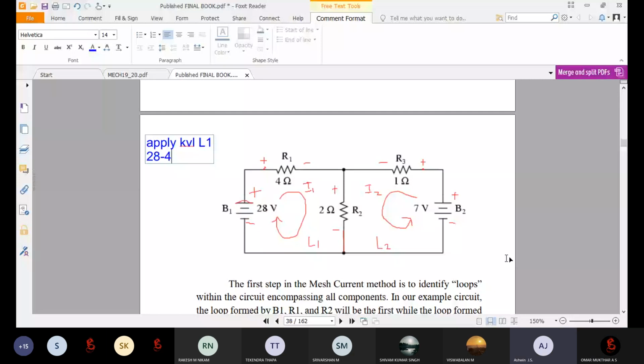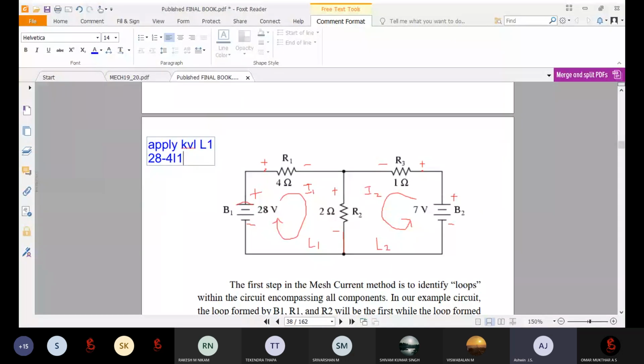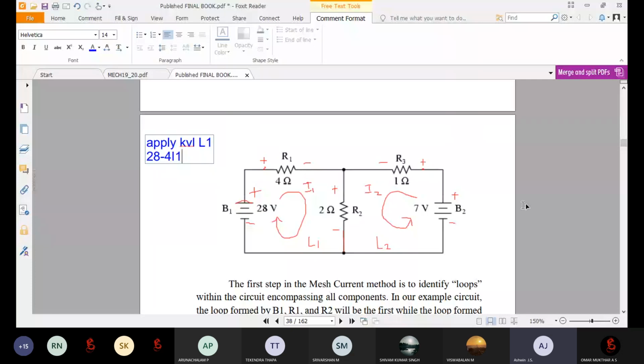See, you are writing the voltage equation. 28 is a voltage, but 4 is not a voltage. It is just a resistor only, so you have to multiply with current. So I will represent it as 4 I1. Minus 2 into I1 minus I2. Check the direction, sir. I1 minus I2.